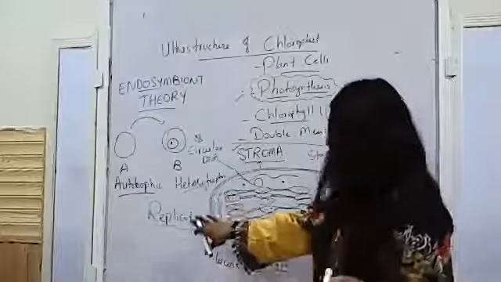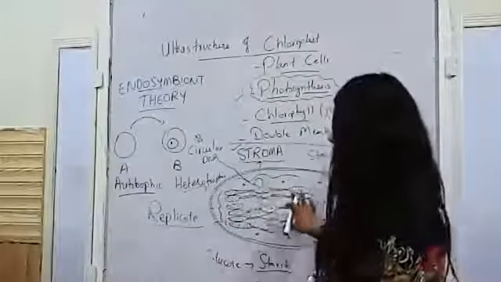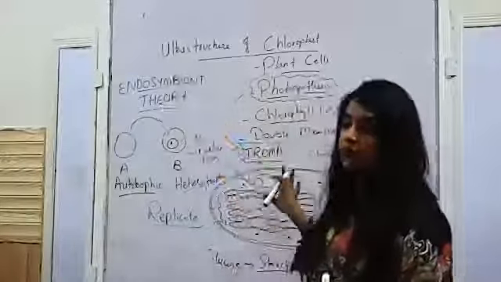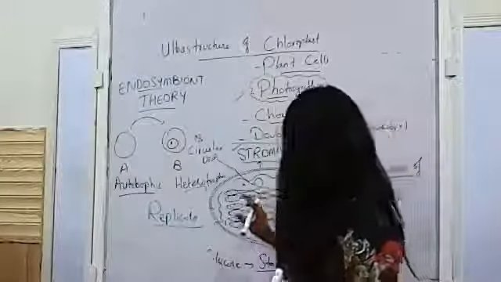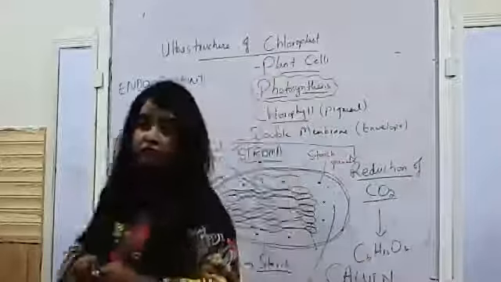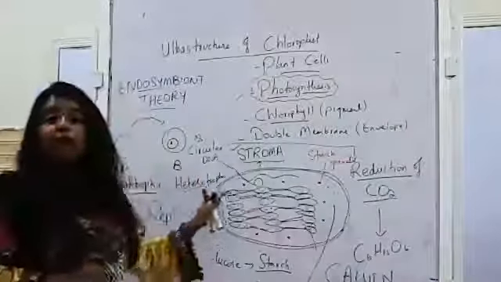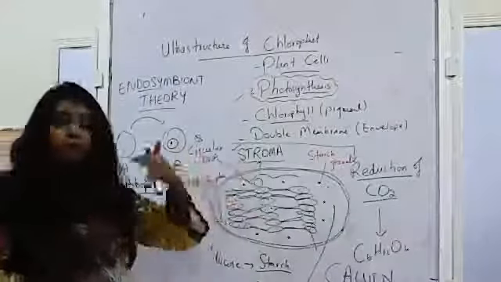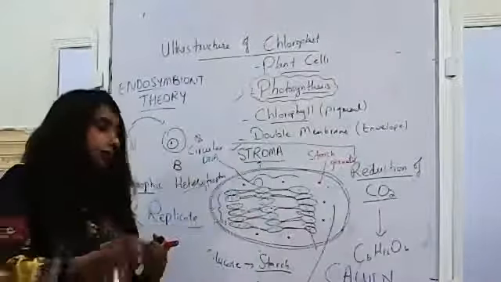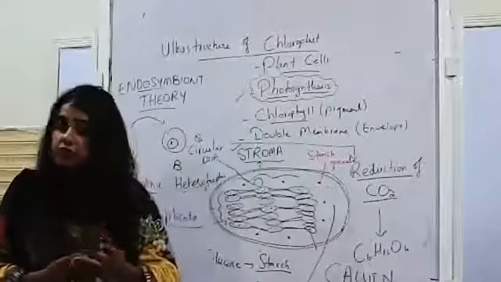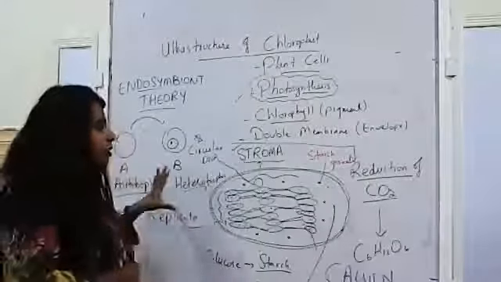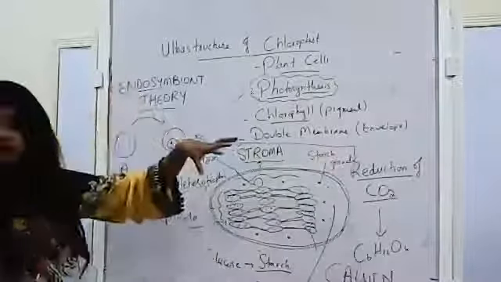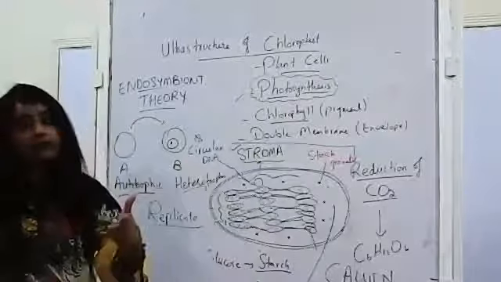This is why we suppose that this theory is true for chloroplast as well as for mitochondria, right? They can change their orientation and position depending upon the availability of light. That means they are sensitive to light. They can move towards or away from light. Again, sensitivity is a property of living things, not of organelles. So these properties prove that endosymbiotic theory is somehow true for both mitochondria and chloroplast.